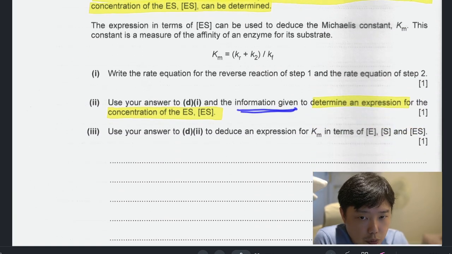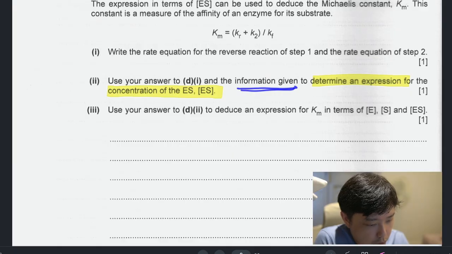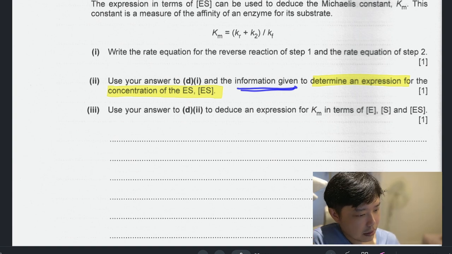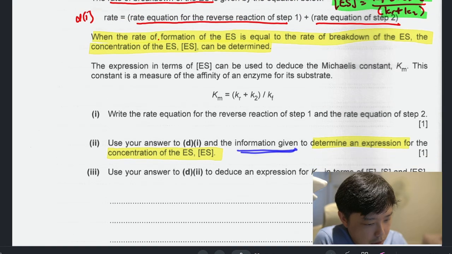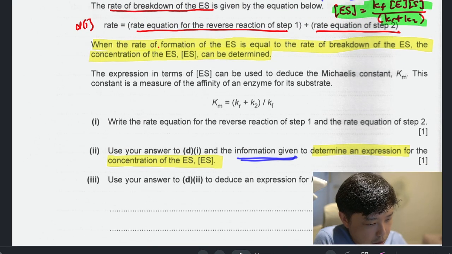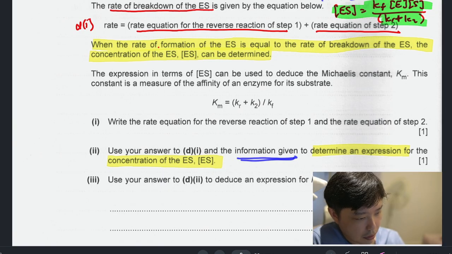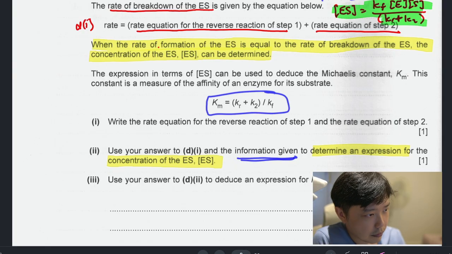So you do have to read how the question wants you to derive this expression. Then use your answer in D part 2 to deduce an expression for Km, the Michaelis constant, in terms of E, S and ES. Okay, Michaelis constant. Let's look at what they have given to us. The Michaelis constant is KR plus K2.